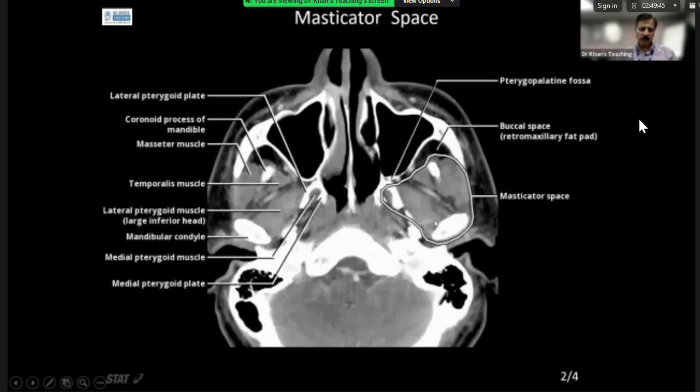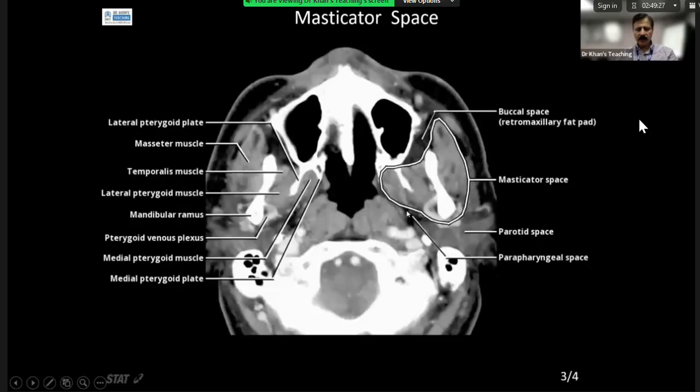So next, I'm going down now, and you can see that this is the condyle of the mandible. And you can see that this is the masticator space. This is the medial and the lateral pterygoid plates. And more inferiorly, now the ramus of the mandible is evident.